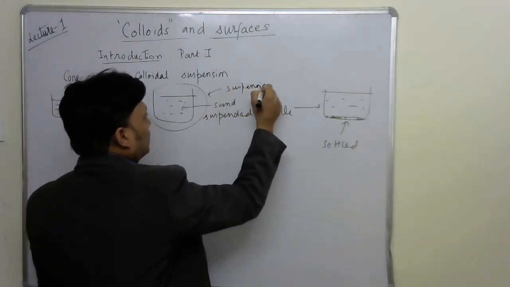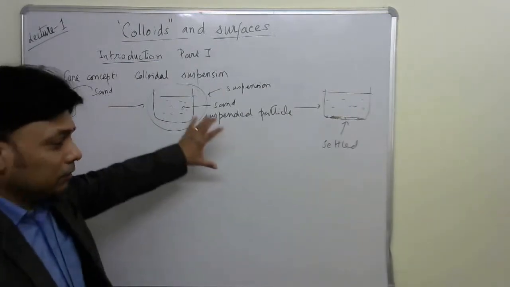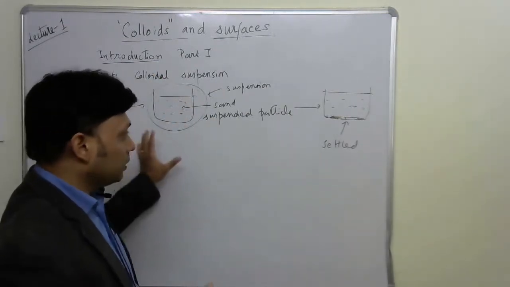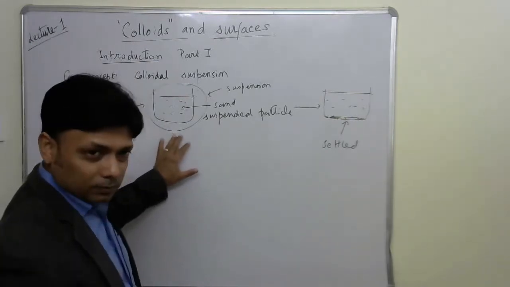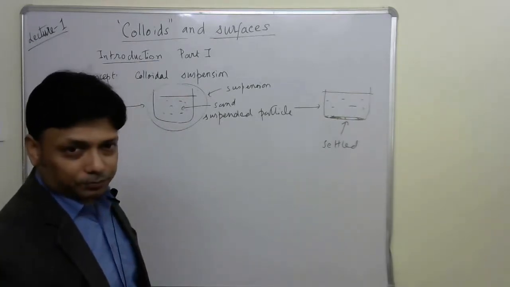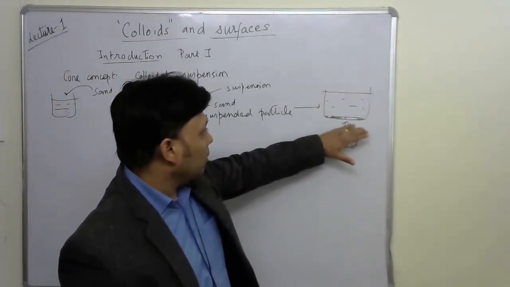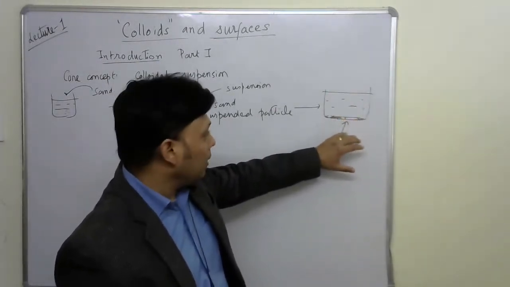It means the time duration when those particles stay within the water, defying gravity but not settled down yet. And after it gets settled down, we completely get a phase separated material.